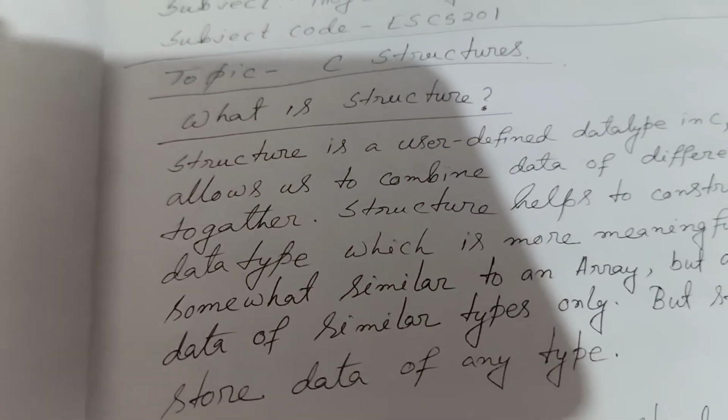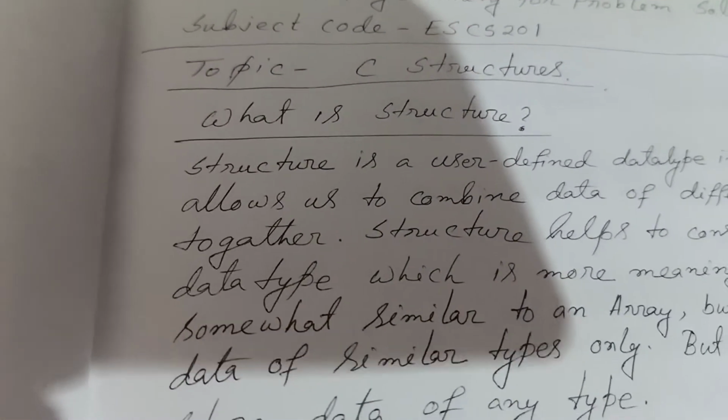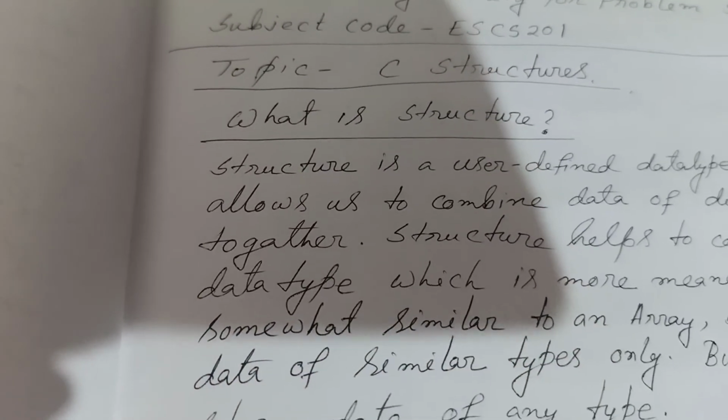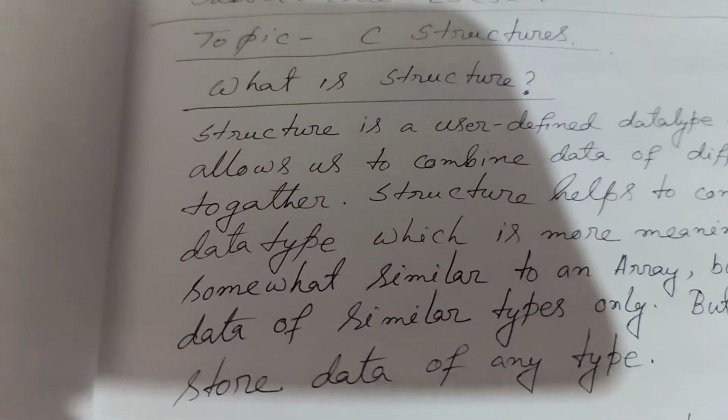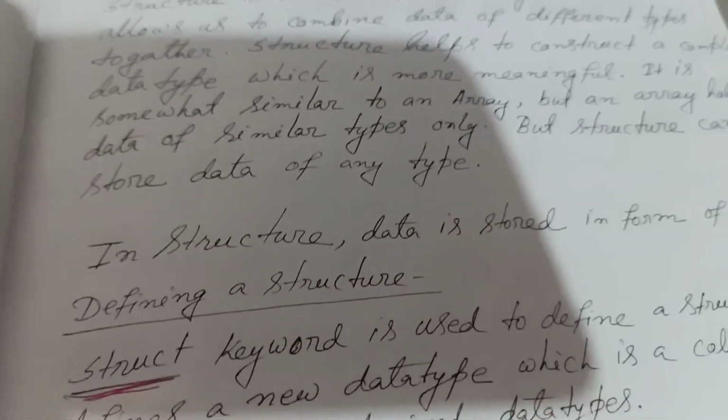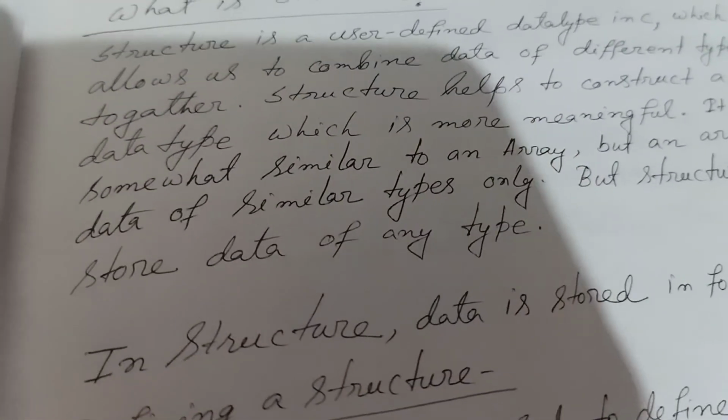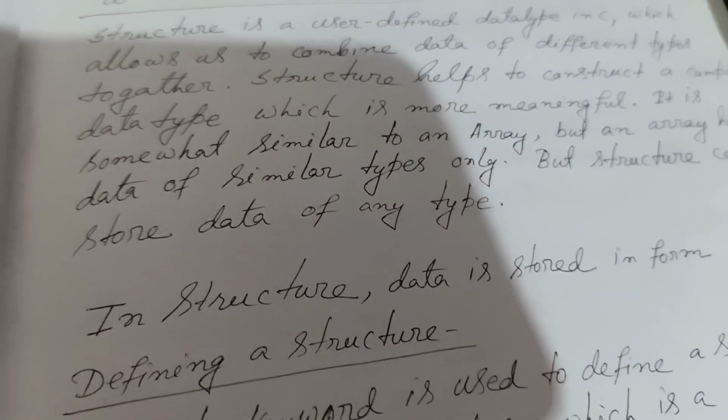Okay, so this is all about the short and sweet declaration, definition and example of C structure. So in short, C structure is used to store data in the form of records. Okay, this is the main definition.